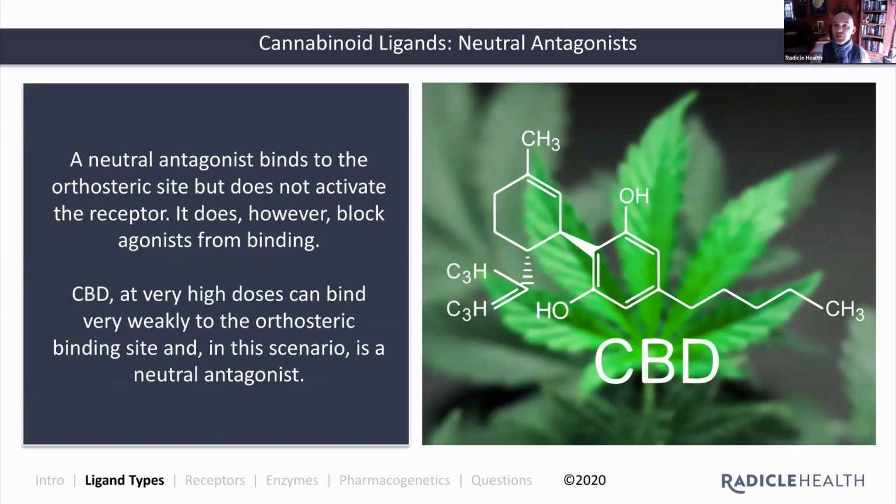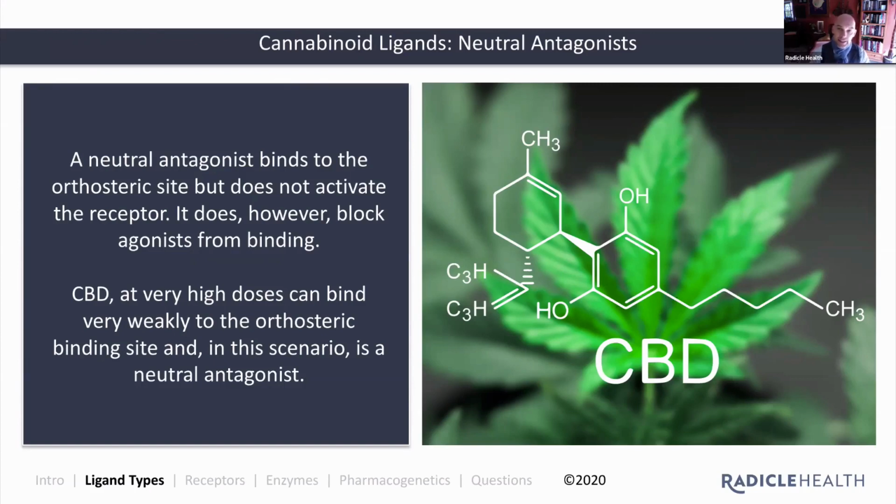The third type is a neutral antagonist. Neutral antagonists bind to the main binding site, the orthosteric site, but they don't actually influence the receptor at all. There's no signaling that occurs when a neutral antagonist binds to that site. What they do is prevent agonists from binding to that site. They're called antagonists because they inhibit receptor activation.